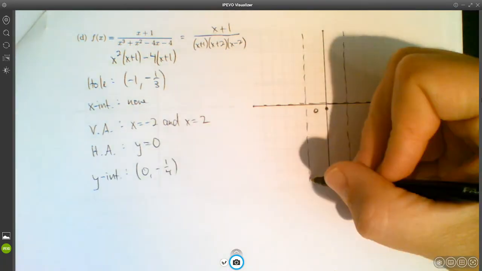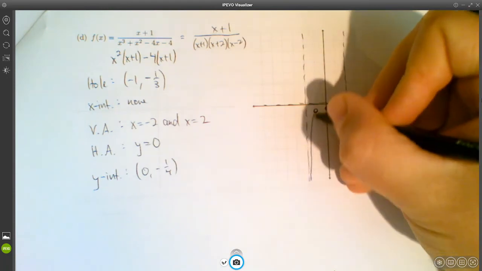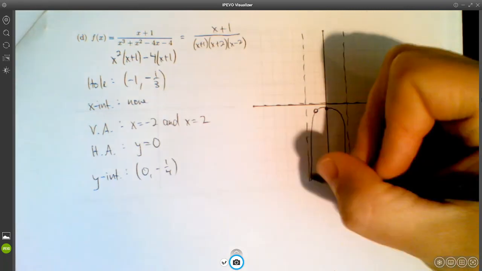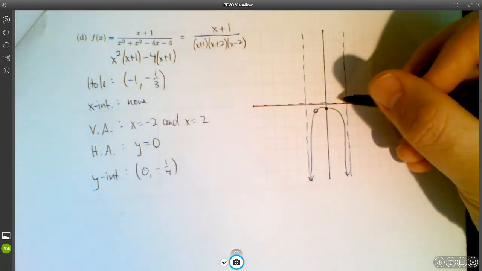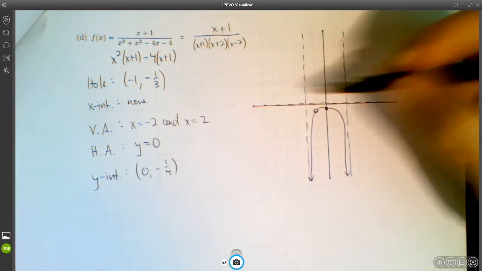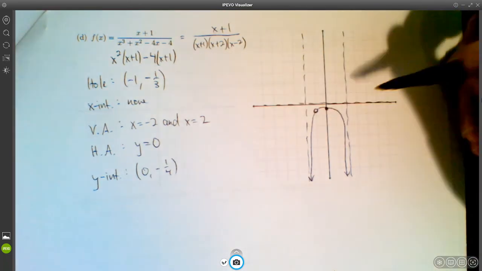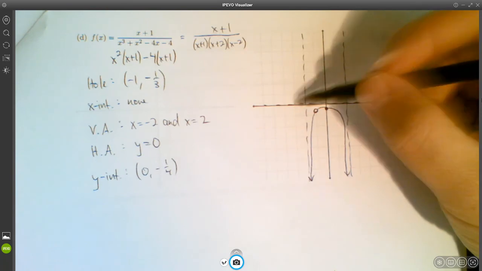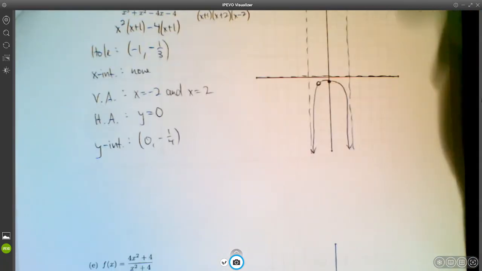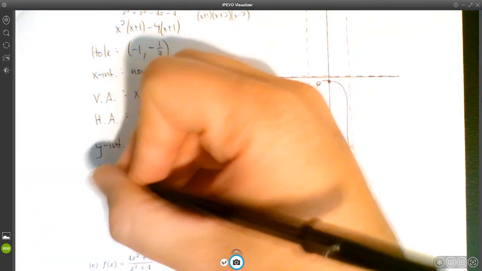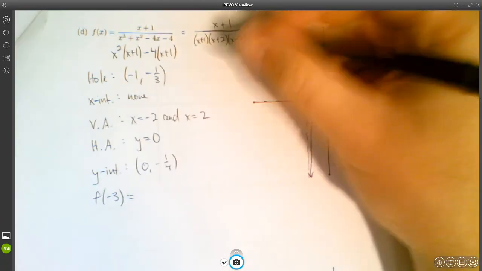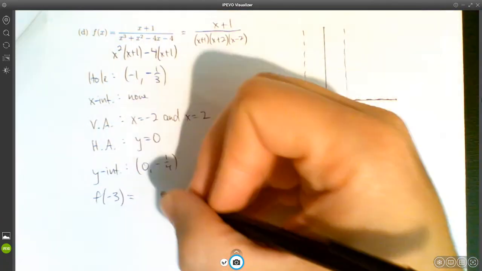So I'm sure that this thing looks like this, because the function never crosses the x-axis. I'm not sure what's happening in these two places, so I'm going to have to plug in test points. I think I'll plug in negative 3 and positive 3 to see what's happening on the other sides. So f of negative 3. It's easier for me to plug it into the factored form.